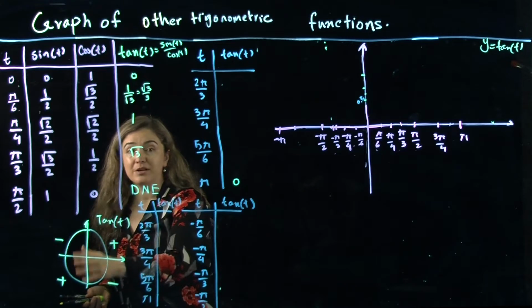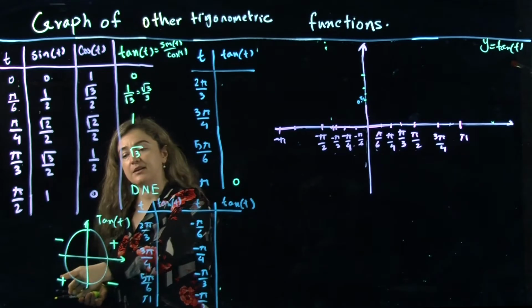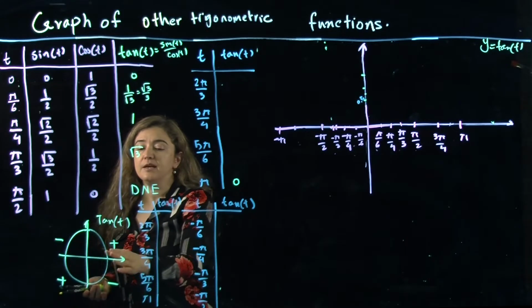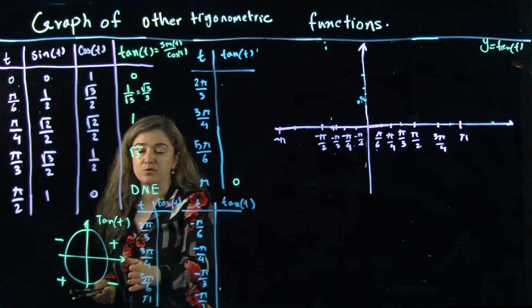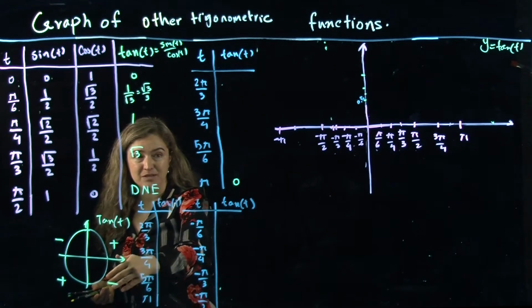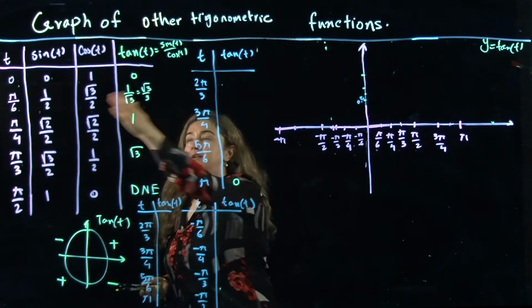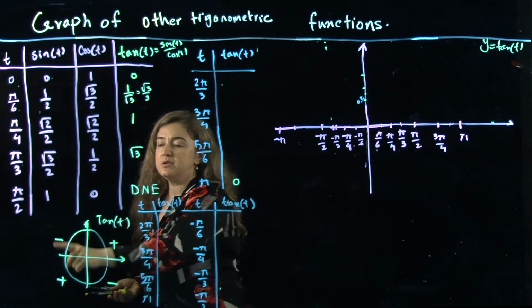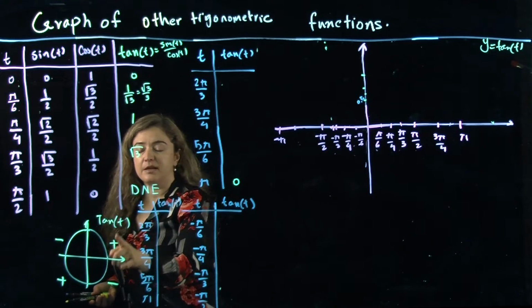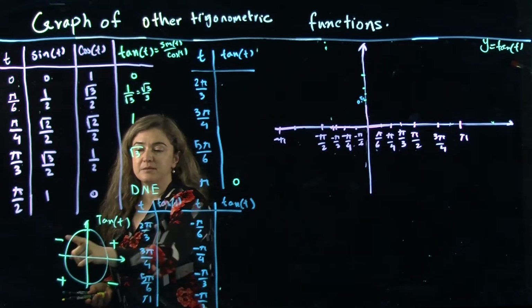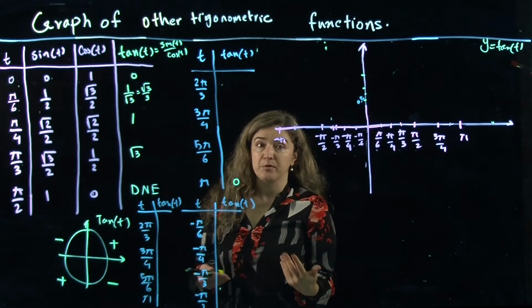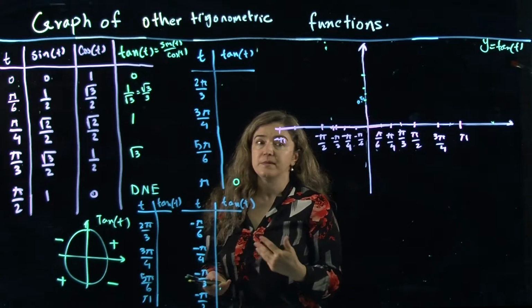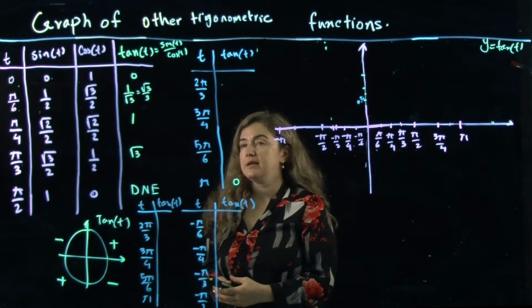In the third quadrant, both sine and cosine are negative, therefore positive. In the fourth quadrant, sine is negative, cosine is positive, so the value is negative. So when you're using the reference table, just use the signs, plus or minus, rather than what we used before, which depended on sine or cosine.